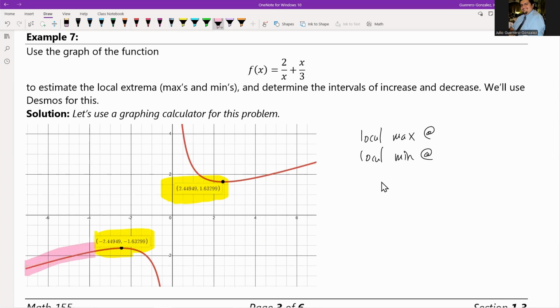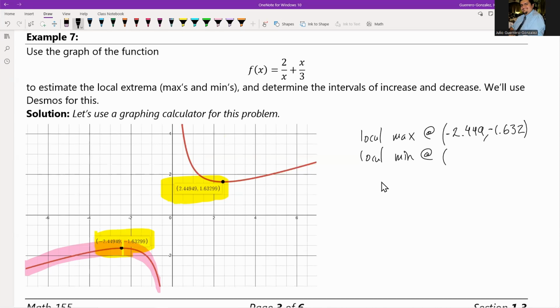So it's increasing before, decreasing after. Okay, so then that means that our local maximum is going to be negative 2.449, comma, negative 1.632.